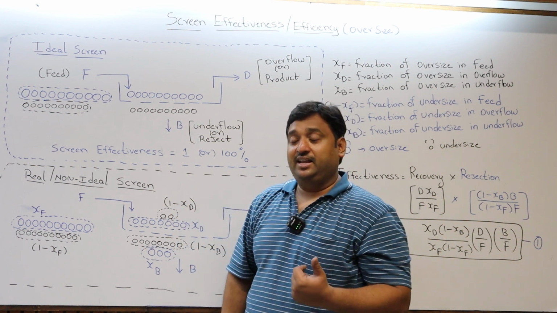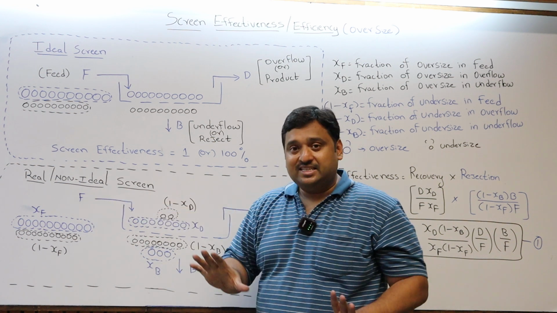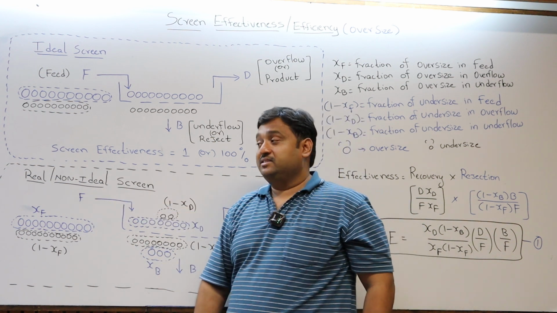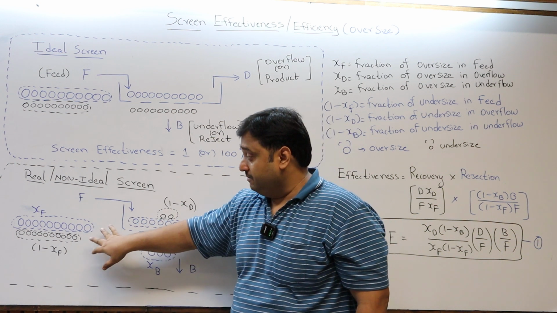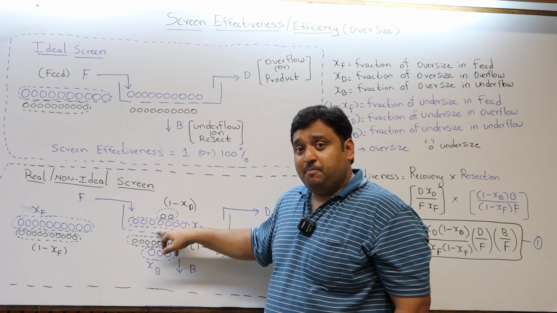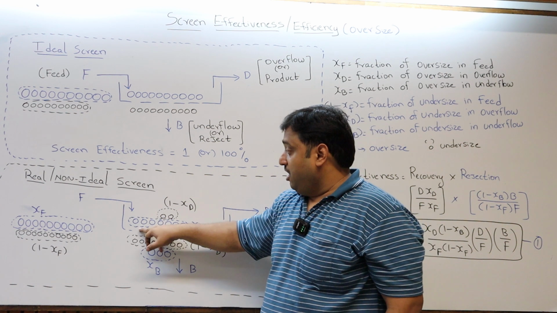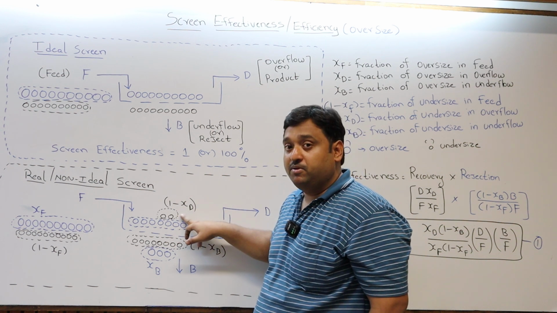What is happening in reality? That means in reality, or non-ideal screens. If you put the same feed into the screen, you can see all the bigger particles on the top, as well as smaller particles also there on the top.